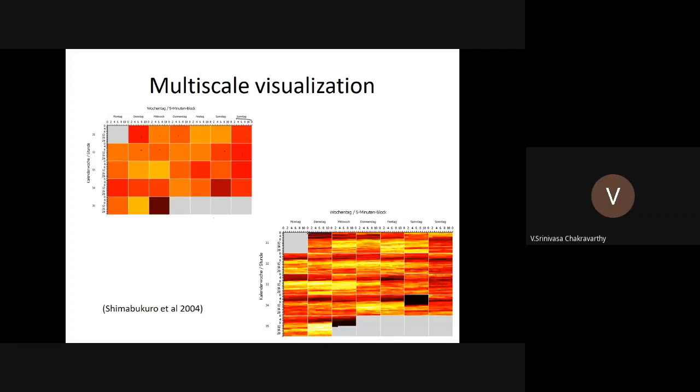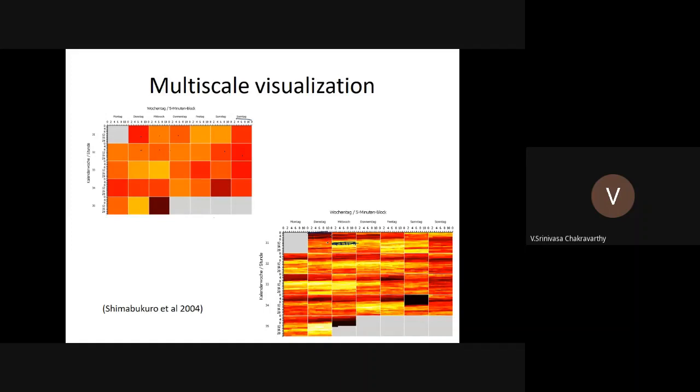So each of these rows, I don't know if you can see my cursor, is 1 hour. And you divide the whole hour into smaller sections of a few minutes. So that becomes a small rectangular strip. Within that rectangular strip, you divide that into smaller strips. And for each strip, you give a color depending upon how much that quantity is at that time, or an average value within that interval of about 5-6 minutes.